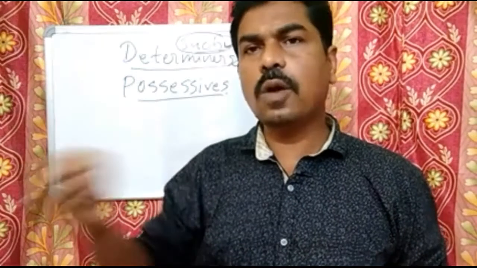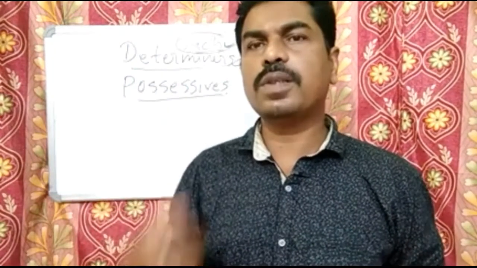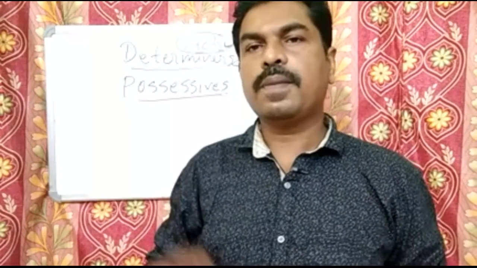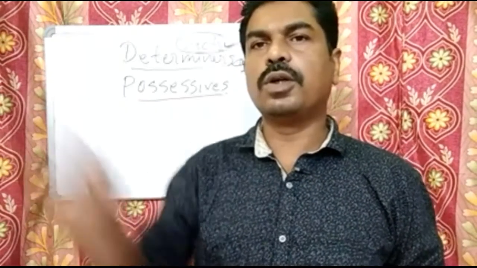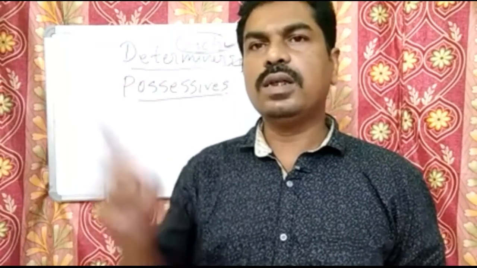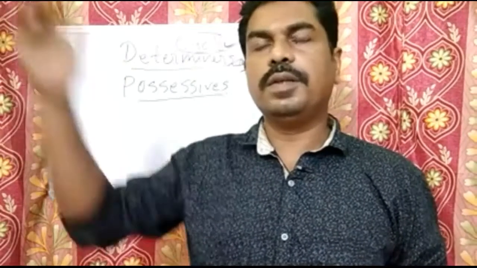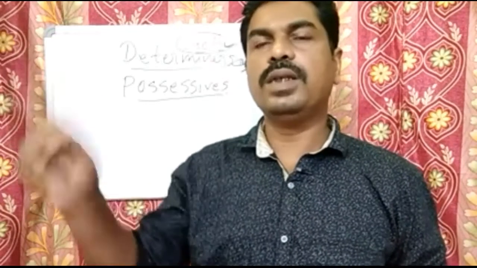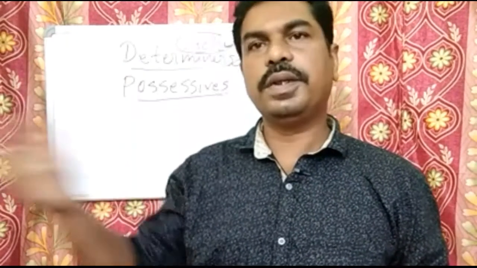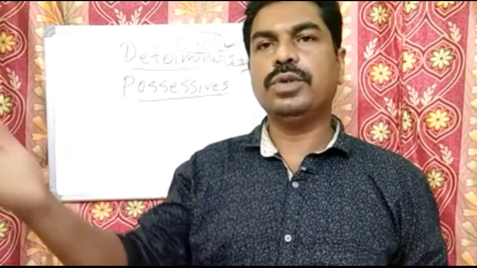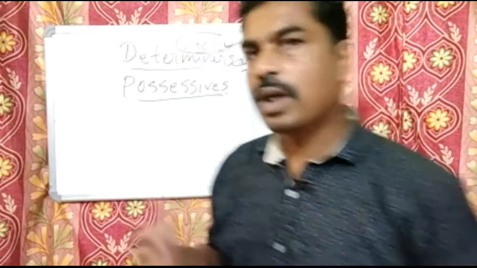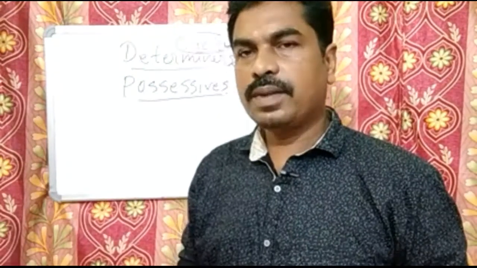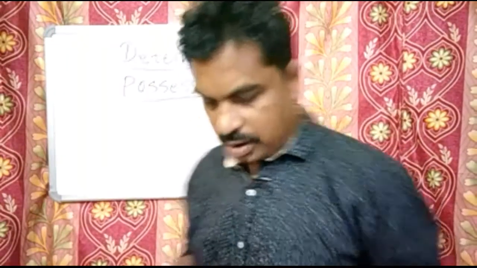For example, they talk about ownership. They talk about belonging. If I say, this is my pen, my is the possessive. This is your book, your is possessive. It is their house, it belongs to them, so their. It belongs to me, my. Belongs to him, his. Belongs to her, that will remain her. Belongs to you, your. So when we talk about ownership, belongings, then we use these possessives.